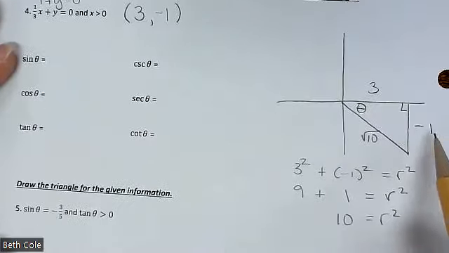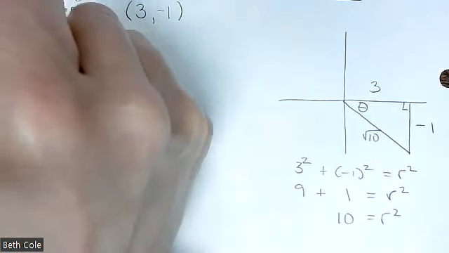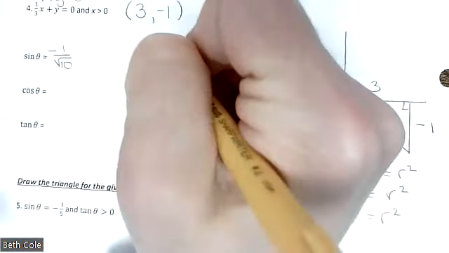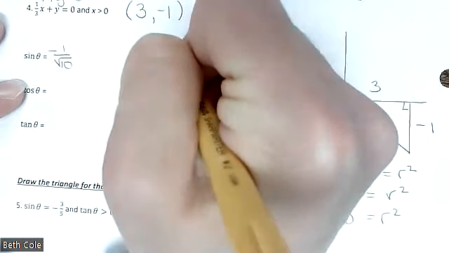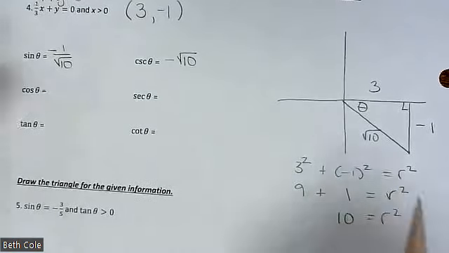So sine is opposite over hypotenuse. So that would be -1 over square root of 10. Perfect. When you reciprocate that, it would be square root of 10 over negative 1. That would actually just be negative square root of 10. Hey, Miss Cole, I want to leave it over 1. Fine, that's 100% correct. Okay.